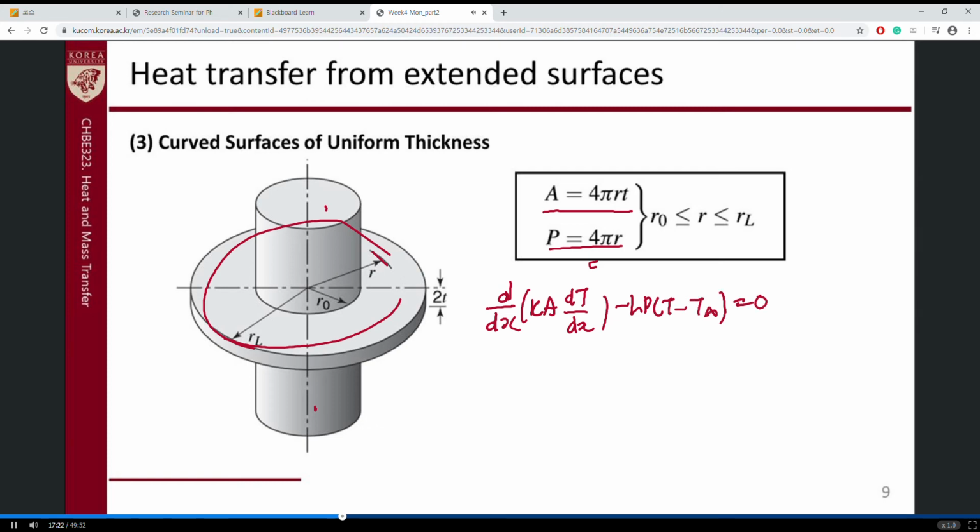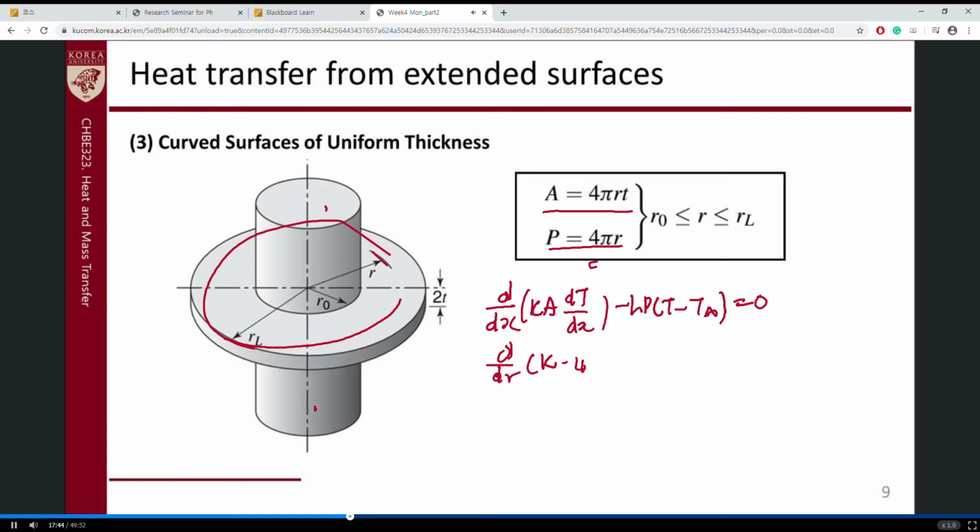We learned this. But this is not one-dimensional, right? Not a function of x. This is a function of r, right? So we shall change it like this.